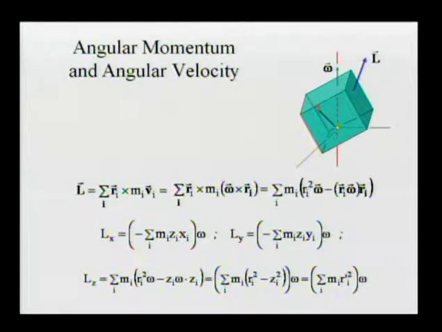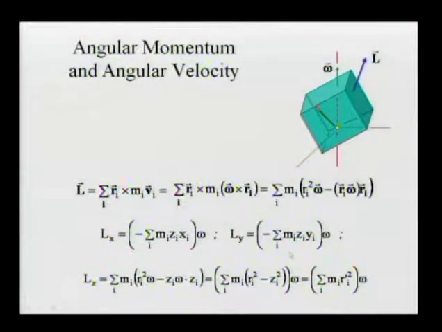What actually ruins the directional relationship over here? If you look at these expressions for the components, are vector omega and vector L in the same direction? No. Why not? How about if we play with something?